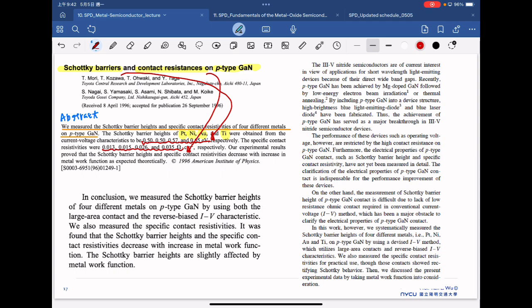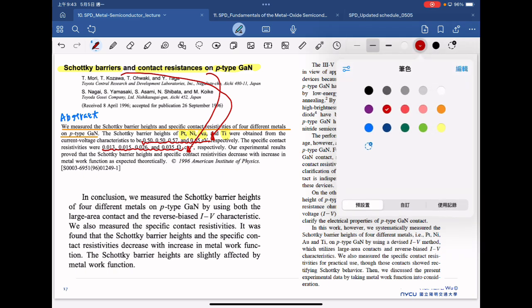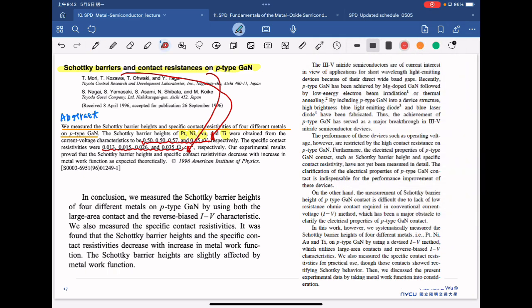This is one very coherent way to write an abstract: we make sure that the text in the abstract is consistent with our title. The next step is to point out certain experimental results.